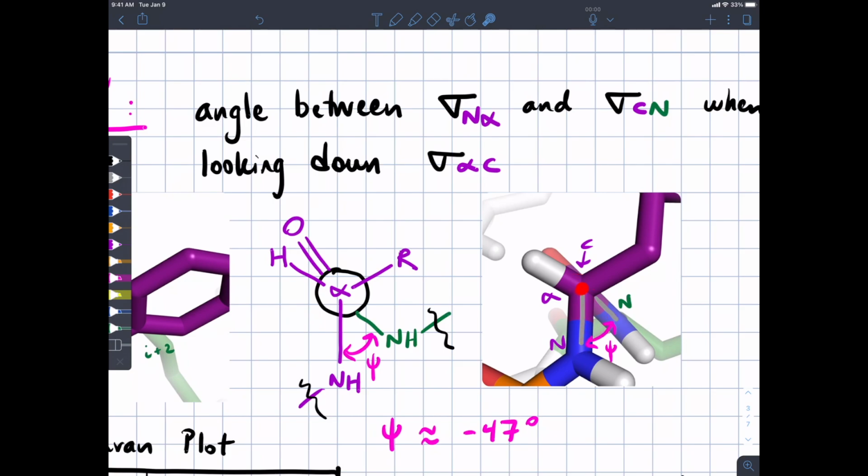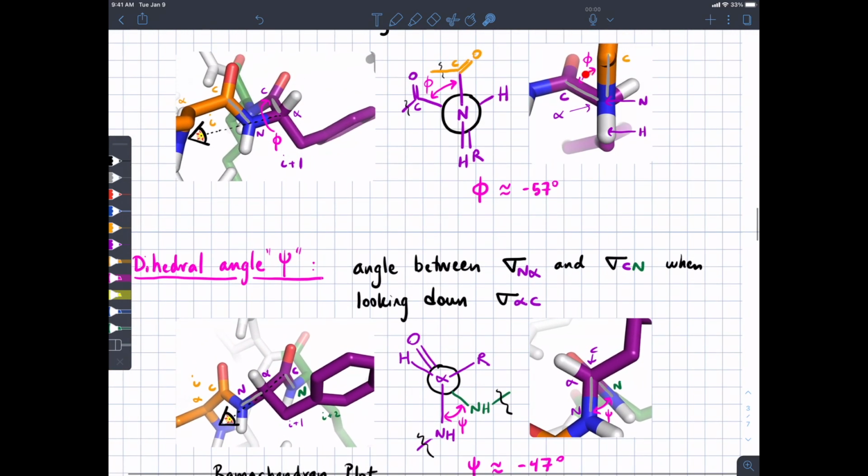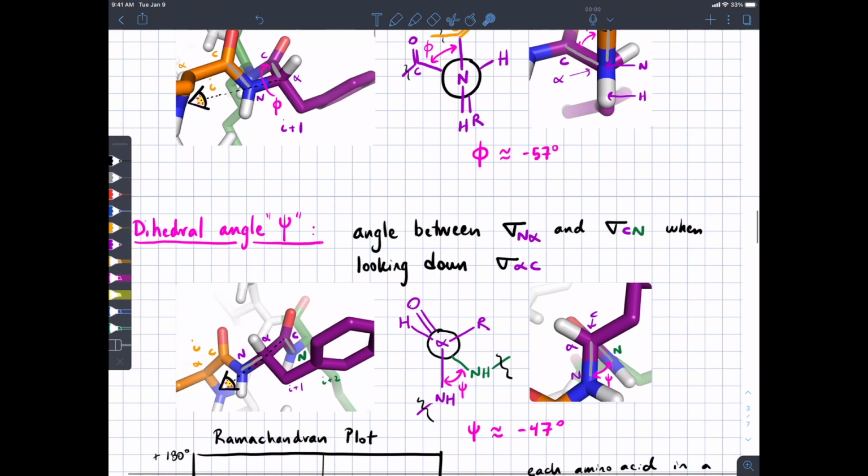The bond between alpha carbon and amide nitrogen here, and then in the back you can't see the carbonyl carbon, but the bond between that carbonyl carbon and the next nitrogen is there, and the angle between those two is psi. You can see that that angle is a little tighter than the phi angle previously. It's still negative because the bond in the back is on the counterclockwise side of the bond in the front. In alpha helices, the psi angle tends to be around minus 47. Okay.